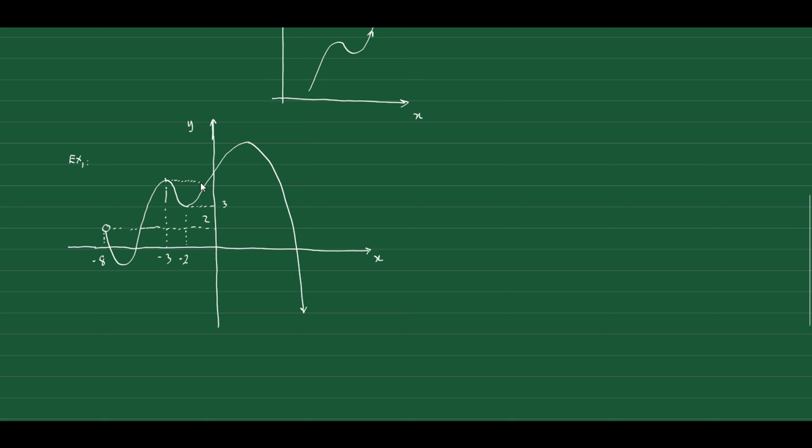And this is 3, 4, 5. I'm going to make this one 3, this one 5. Just estimate. This one I'm going to put as 8, and this one I'm going to put as 2.